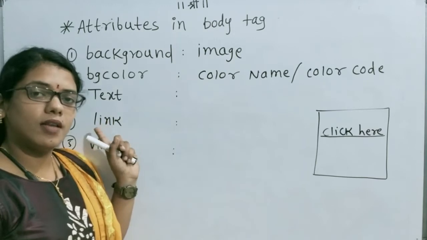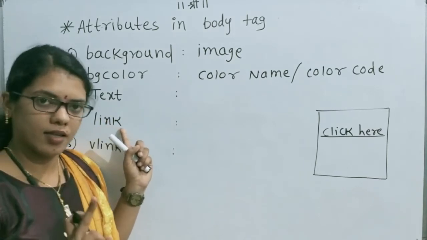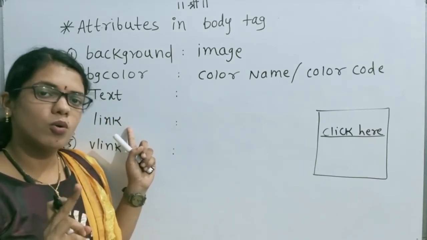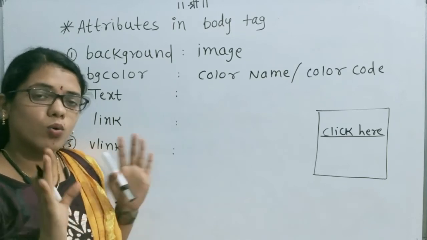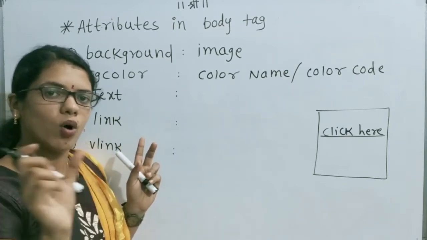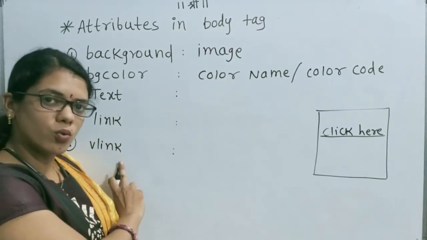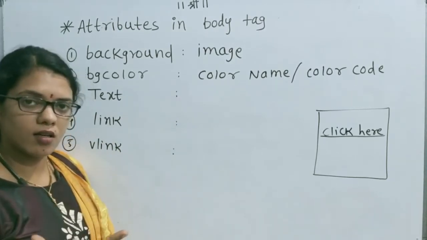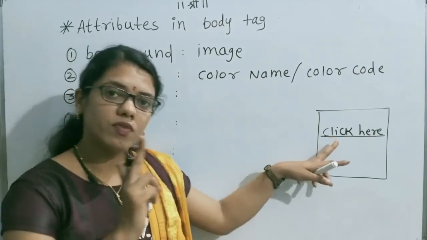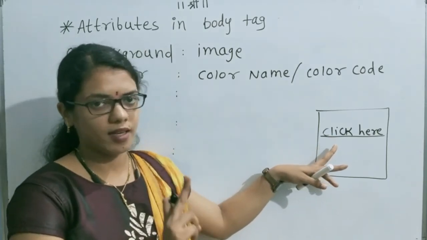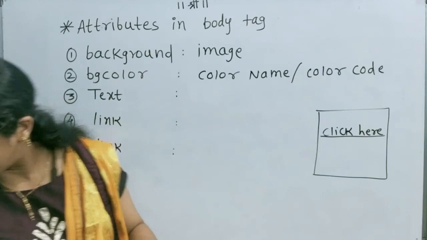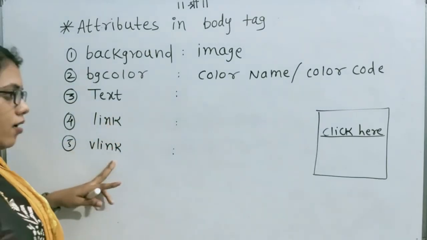We are directly taking an example of the link and vlink attributes. What is the use of the link attribute? The link attribute is used to give a color to only the link part of the website. The vlink attribute is used to change the color after the user has visited the link. Clear? So we are taking an example of link and vlink.